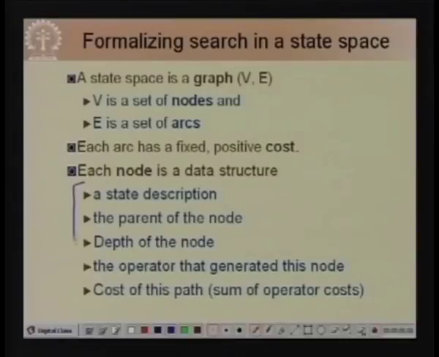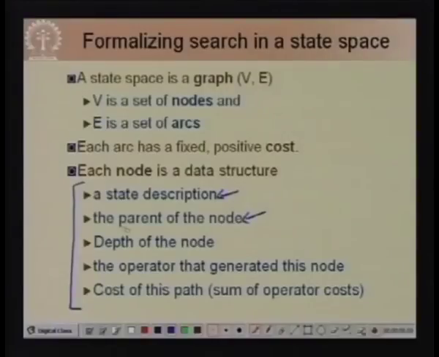This is very important. Every node data structure will contain the description of the state and the parent of the node. We see that keeping information about the parent is very important if we have to retrace the solution. So, when we get a goal node, in many cases we need to output the solution by which this state was obtained.